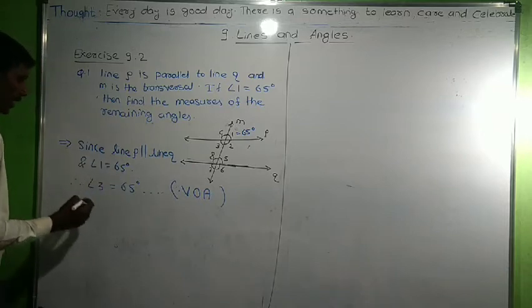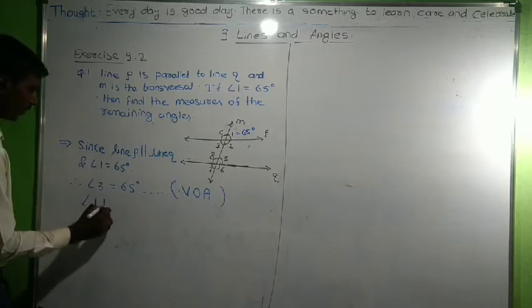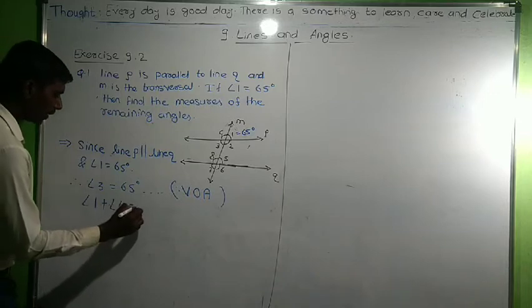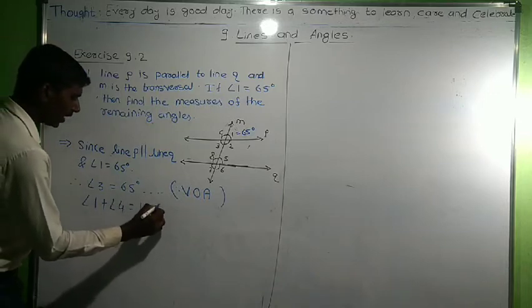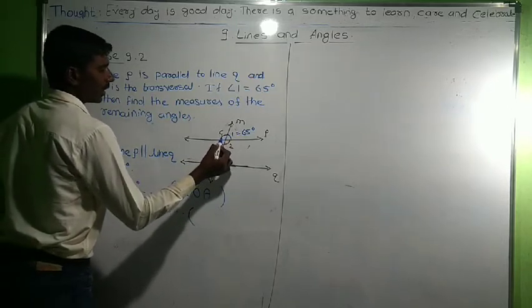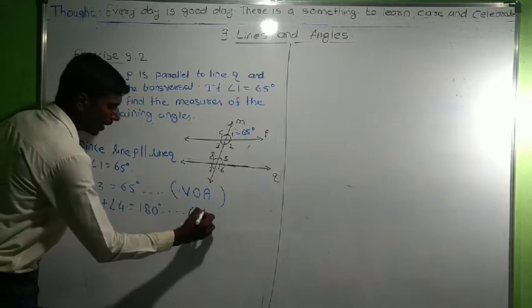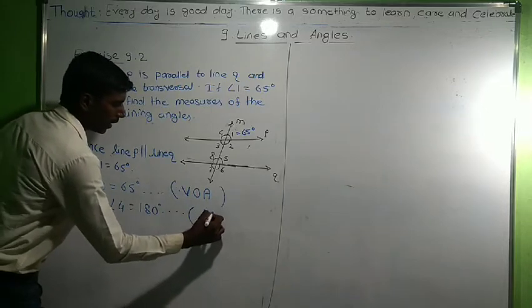Now after that, angle 1 plus angle 4 is equal to 180 degrees. What is the reason? Because angles in a linear pair, ALP.